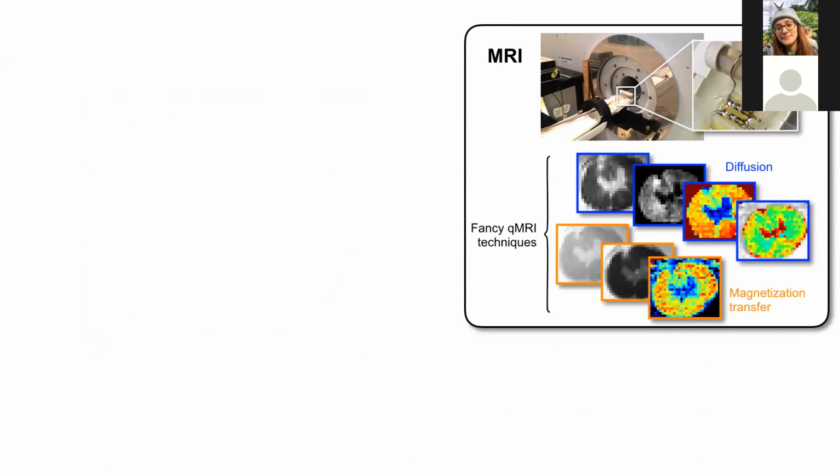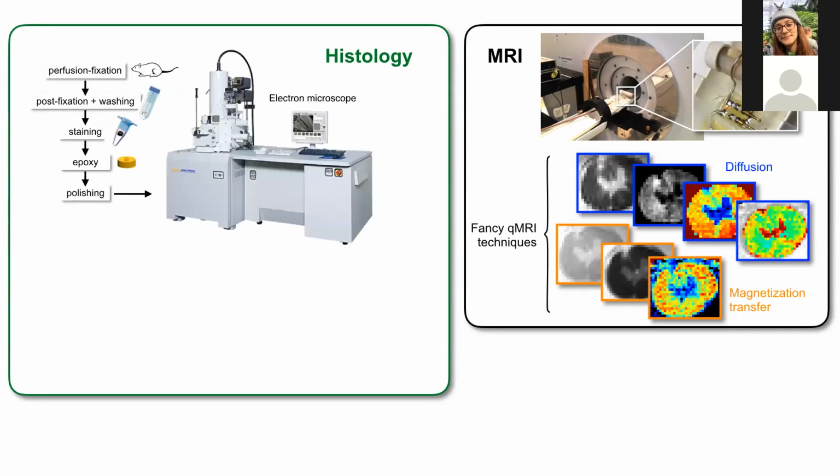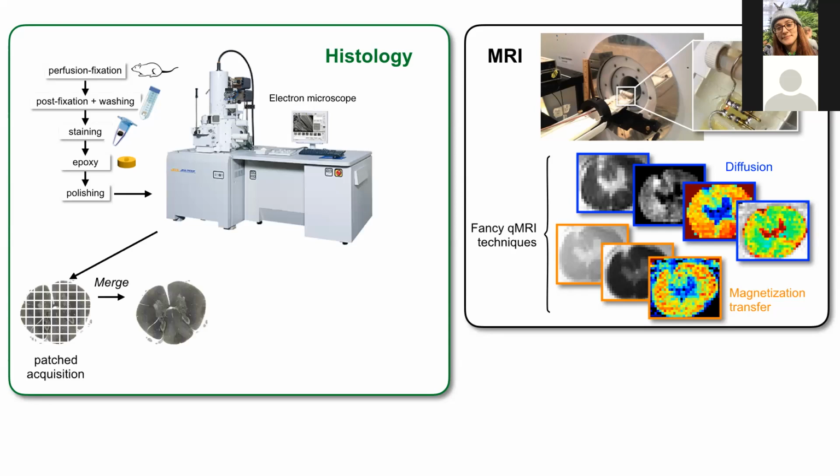Then you take your tissue, same tissue, important, and then you prepare it for histology. So staining with osmium, for example, embed that into epoxy, polishing. Then you use your fancy electron microscopy hardware, and then you basically acquire small patches of your tissue at very high resolution.